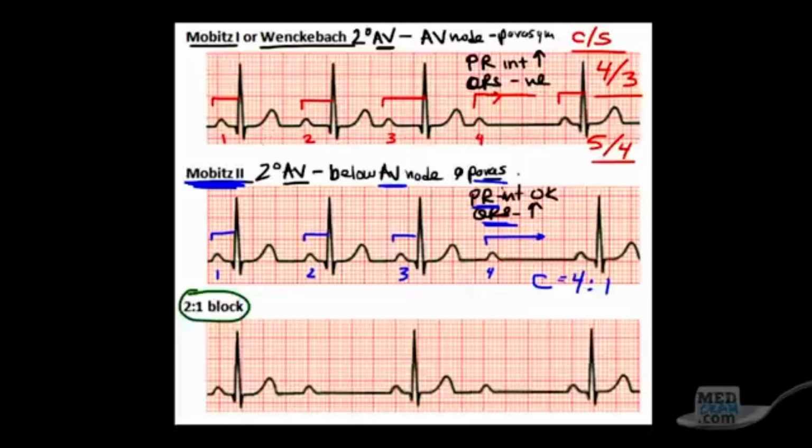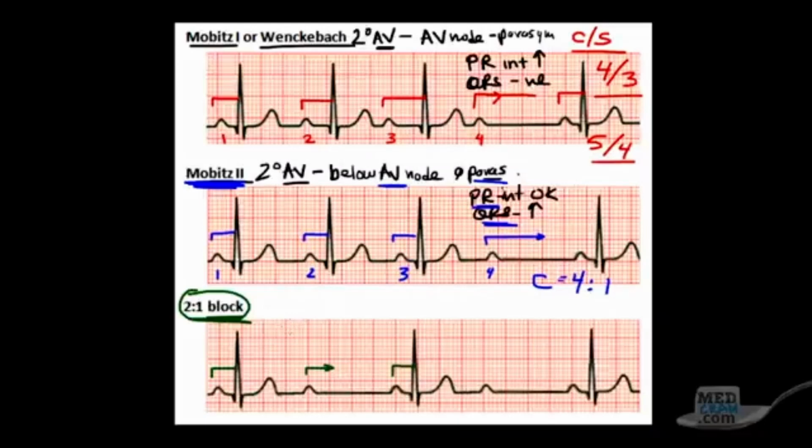In that situation, there are not enough series to see whether or not the PR interval is getting longer. And so when you have something called a 2-to-1 block, where you have the conduction of a PR, and then no conduction of a PR, and then the conduction of a PR again, you're stuck. You don't know if this is a Mobitz type 1 or a Mobitz type 2, whether it's Wenckebach or not Wenckebach.